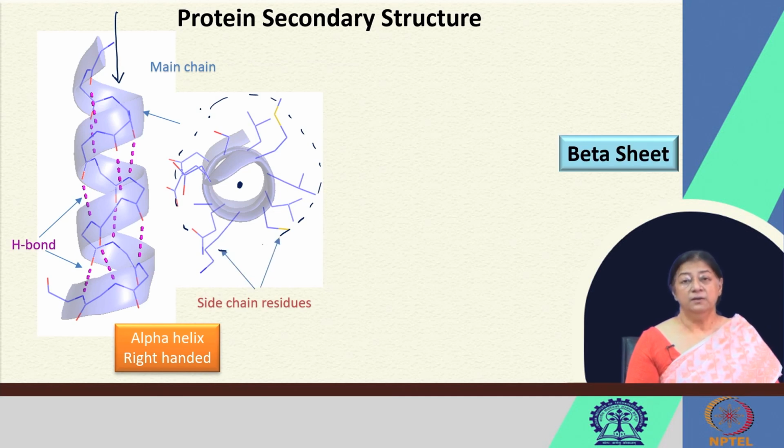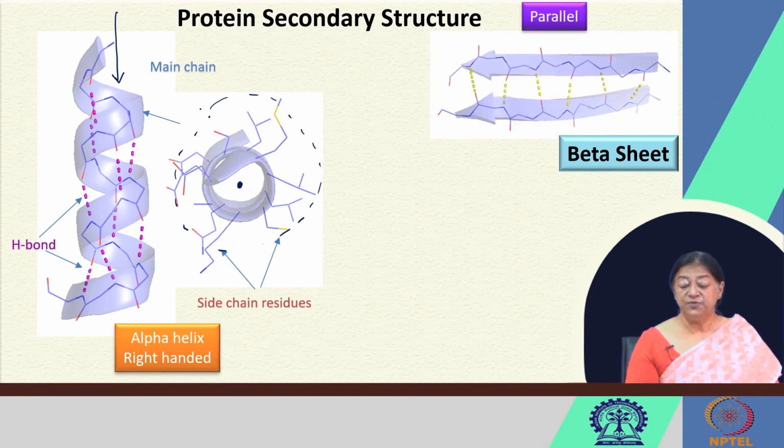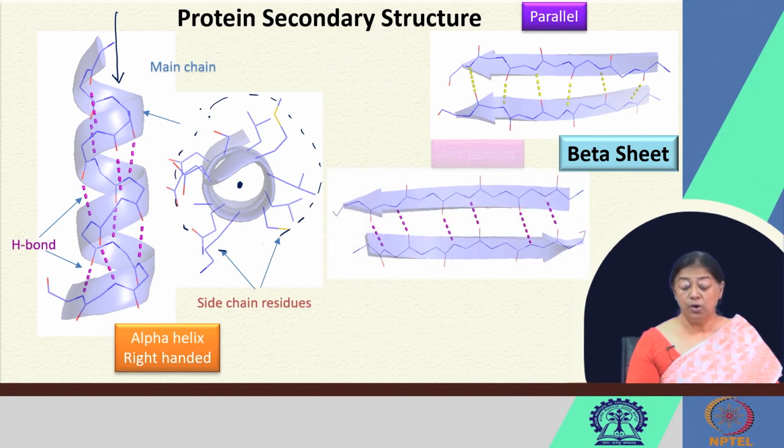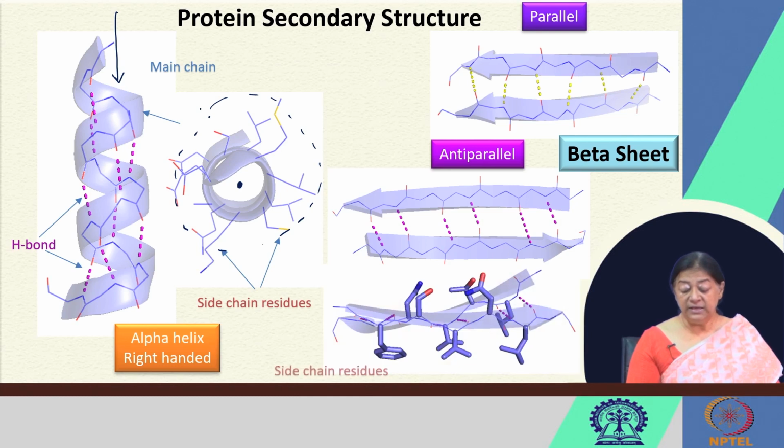The other secondary structural element is the beta sheet, that is formed of strands. These strands can be parallel in fashion, or they can also be anti-parallel in fashion. And in addition, when we look at the side chain residues, the connectivity in this case is also through hydrogen bonding interactions. So, this is what holds secondary structural elements together.